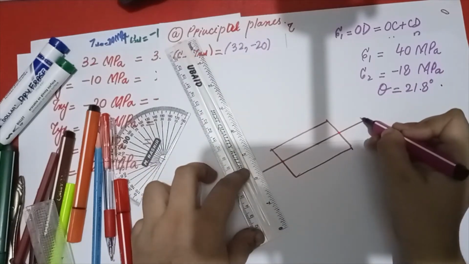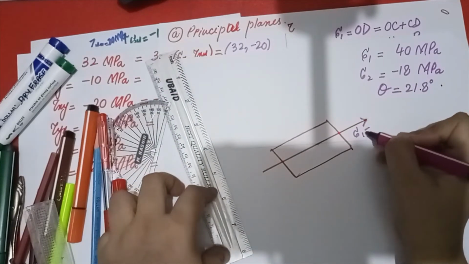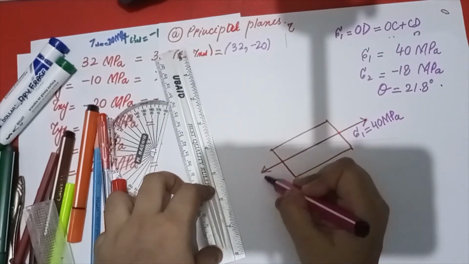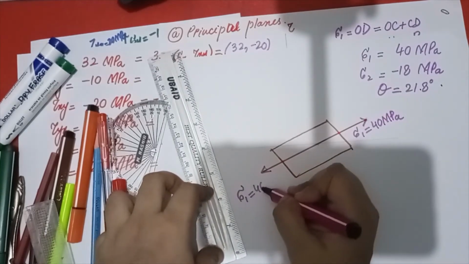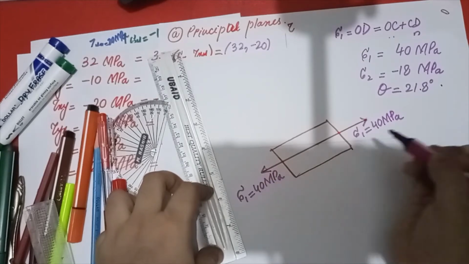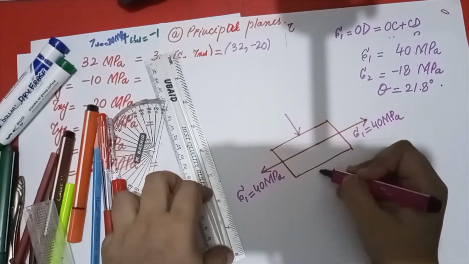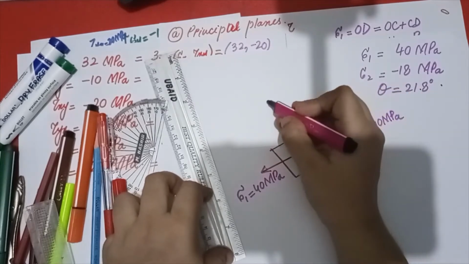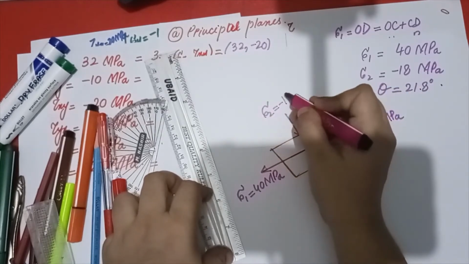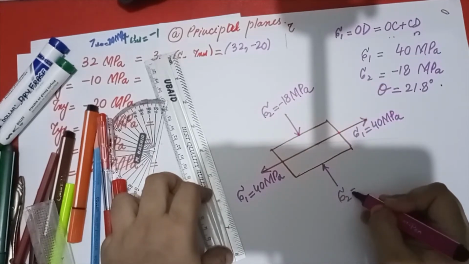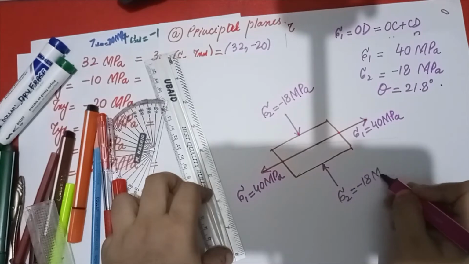Your sigma 1 is positive, so sigma 1 equals 40 ampere, again 40 ampere. Then sigma 2 should be inside, sigma 2 equals minus 18 ampere because it is compressive, negative one. Sigma 2 equals minus 18 ampere.